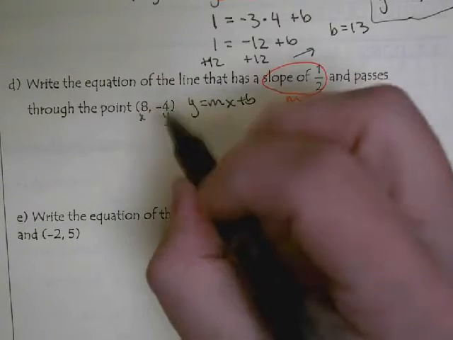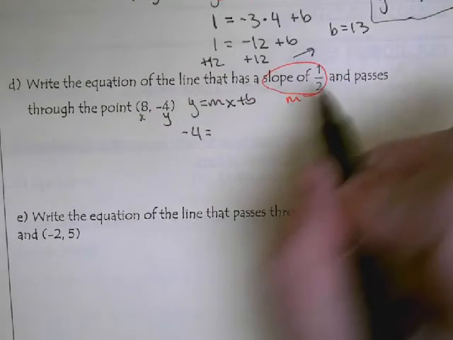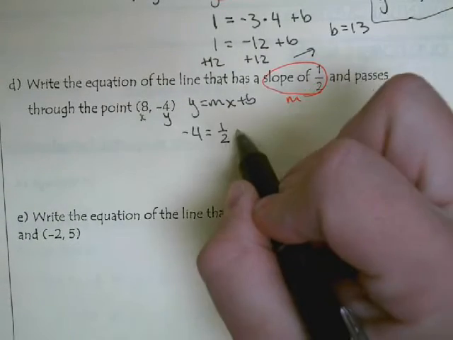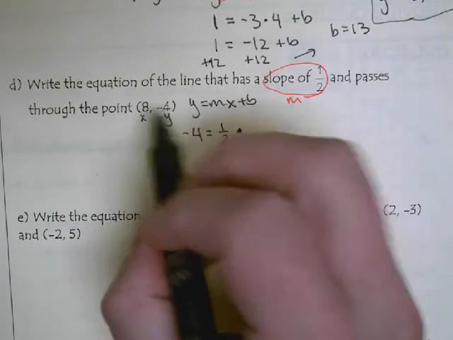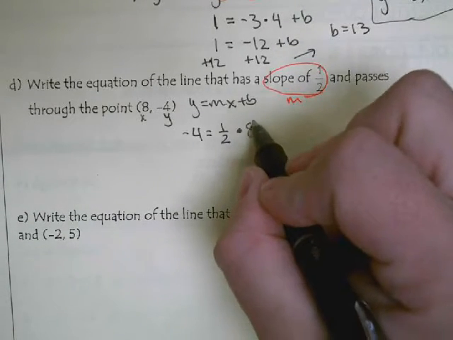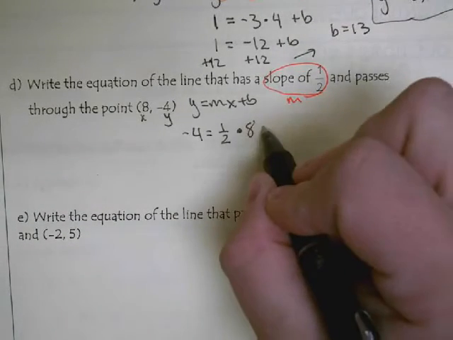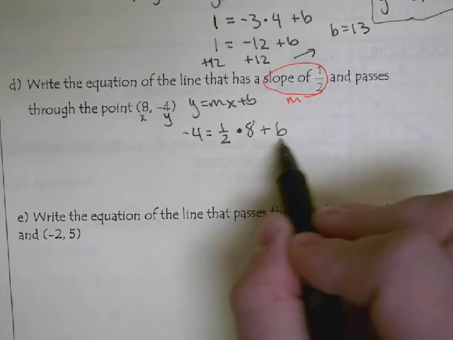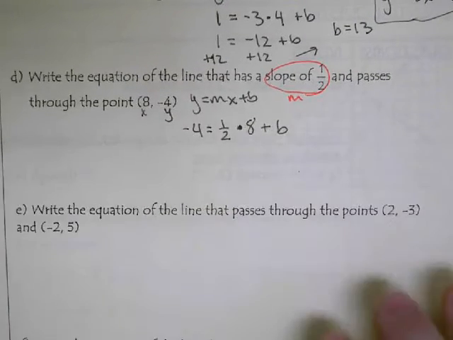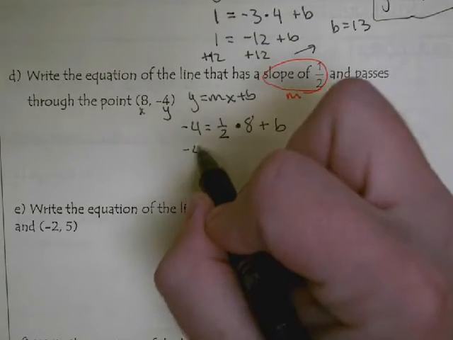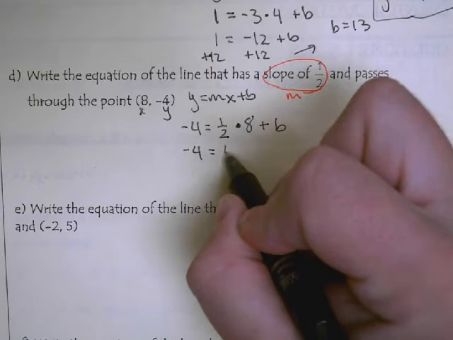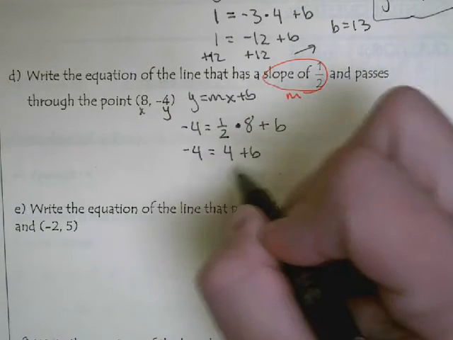I have y is -4 equals, my m is 1/2 times x, there's my 8, and then plus b, because b is what we're hunting down. So now we simplify. -4 equals 1/2 times 8, which is 4, plus b.